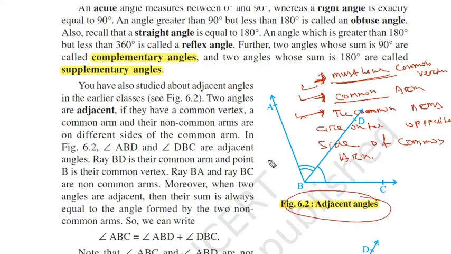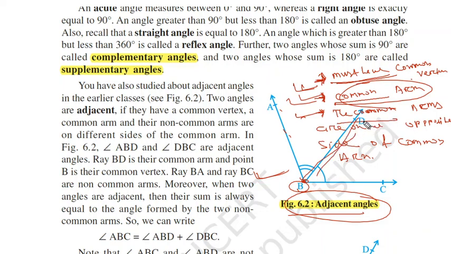If these three conditions are satisfied, we can say these two angles are adjacent angles. So let's take this example of this figure. Angle ABD and DBC have a common vertex B. BD is the common arm.